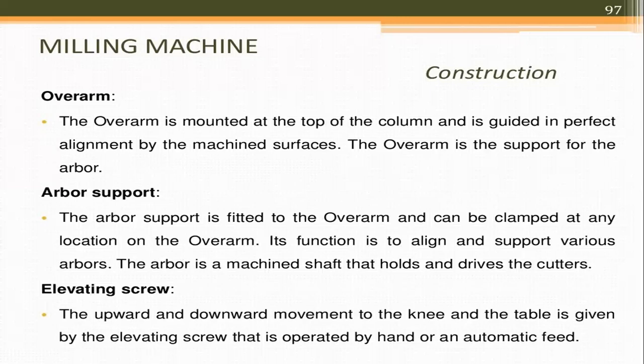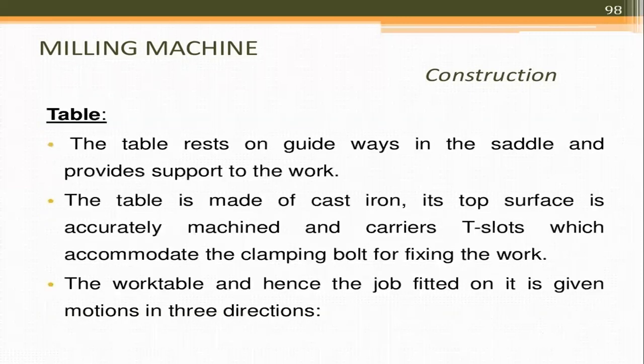Arbor support. The arbor support is fitted to the overarm and can be clamped at any location on the overarm. Its function is to align and support various arbors. The arbor is a machined shaft that holds and drives the cutter. The upward and downward movement of the knee and the table is given by the elevating screw and an automatic feed.